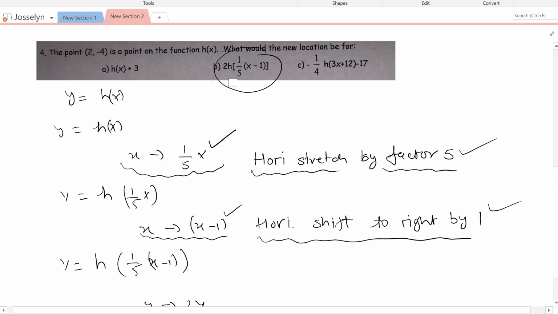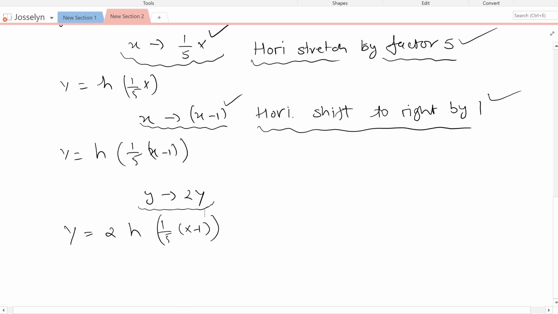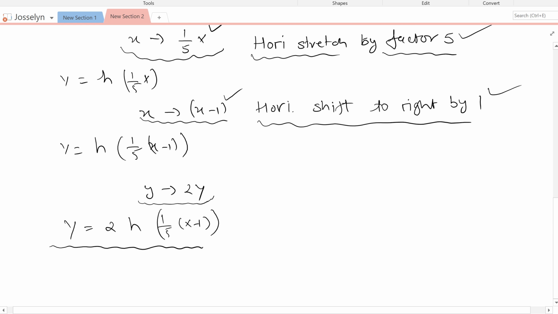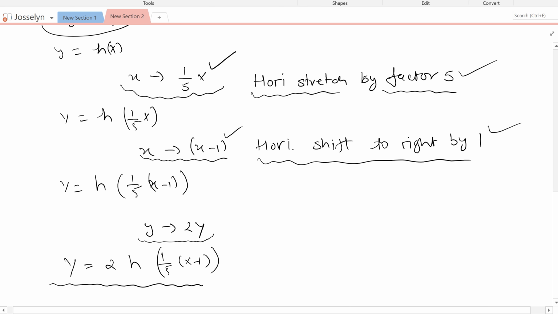So I changed my y to 2y, and it affects the previous y in this manner, and the last transformation is nothing. We are done with that. 2h of 1/5 x minus 1. That's my transformed function. I started from this one and got here by doing the first, second, and third transformation. The third is vertical because it's happening at the y level. y is a vertical component.